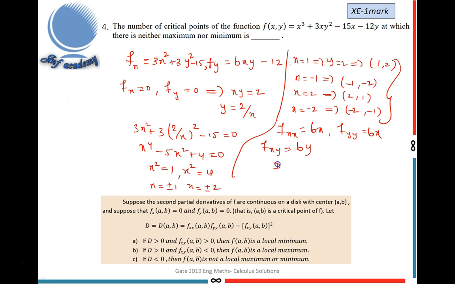Next, D equal to fxx into fyy, that is 36x square, minus fxy whole square, that is 36y square.